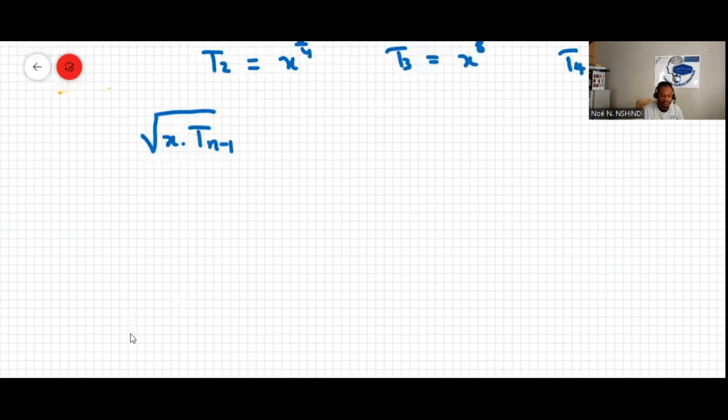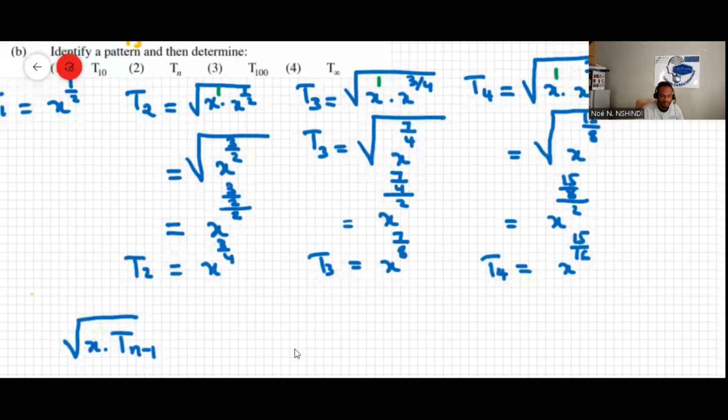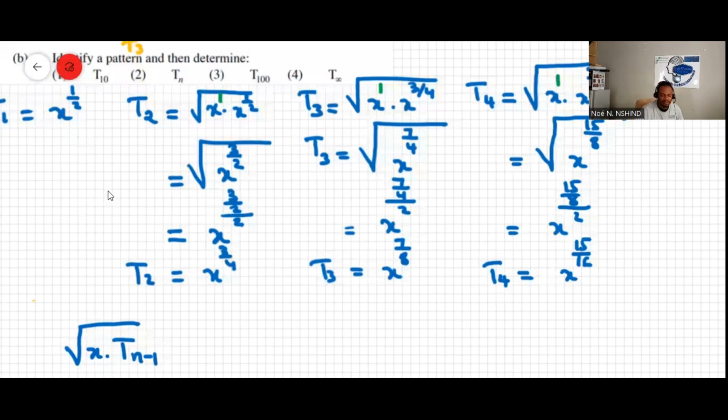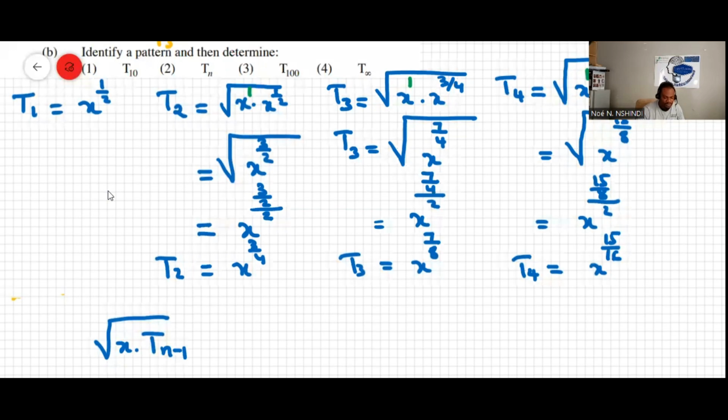If I consider the pattern, term 1, we found it to be x to the power of a half. Now let's look at how it behaves. The numerator is 1, 3, 7, and 15, and the denominator is 2, 4, 8, and 16.